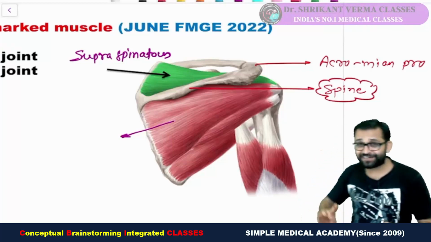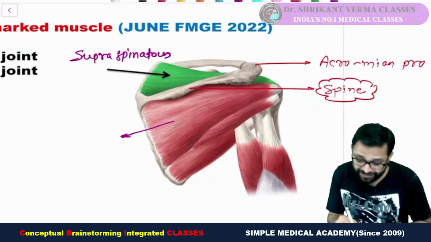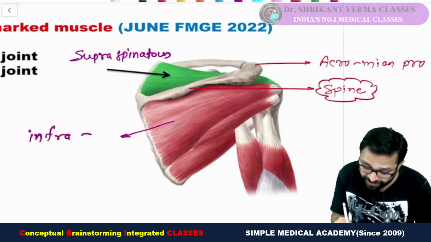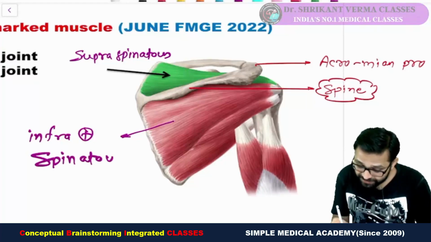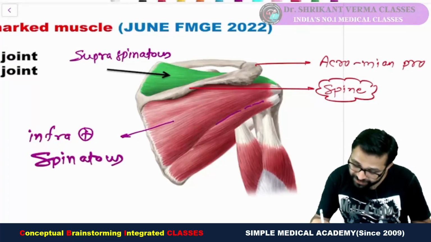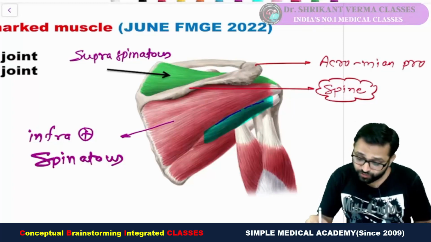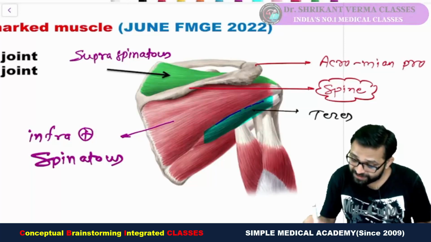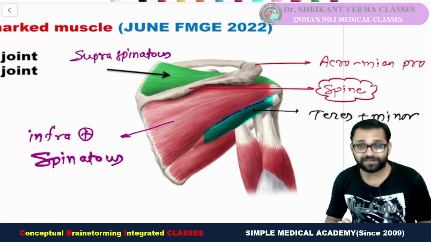Try to understand. This is the muscle which is below the spine. So what should be the name? It is below, that's why infra. Spine of scapula, that's why spinatus. Getting the point? This muscle is rounded in nature, so this is known as teres. Teres means rounded, and it is small in shape, that's why minor.